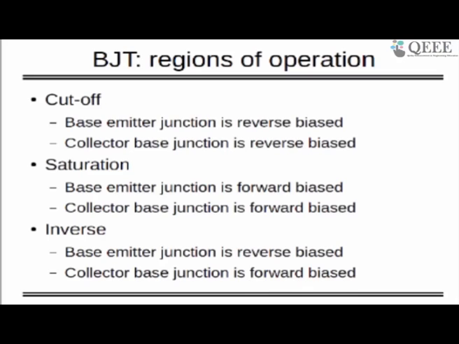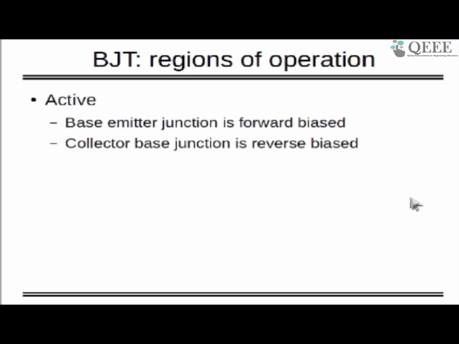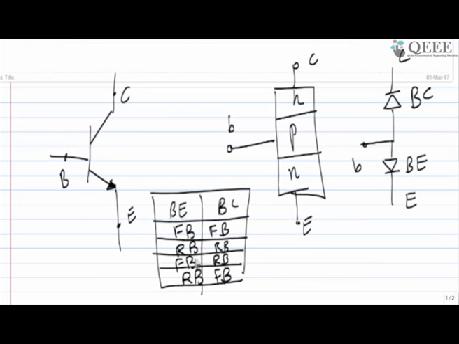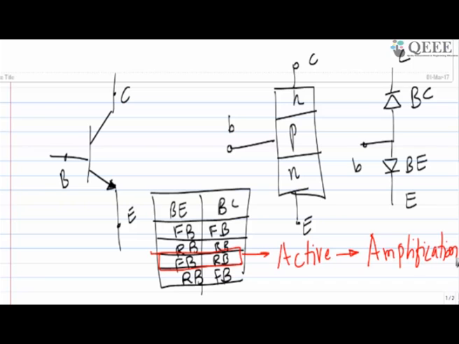Now looking at the most important part, when your base to emitter junction is forward bias and base to collector junction is reverse bias, then this mode of operation is the active mode of operation, and this is the region where you want to get the amplification, or your BJT acts as an amplifier.